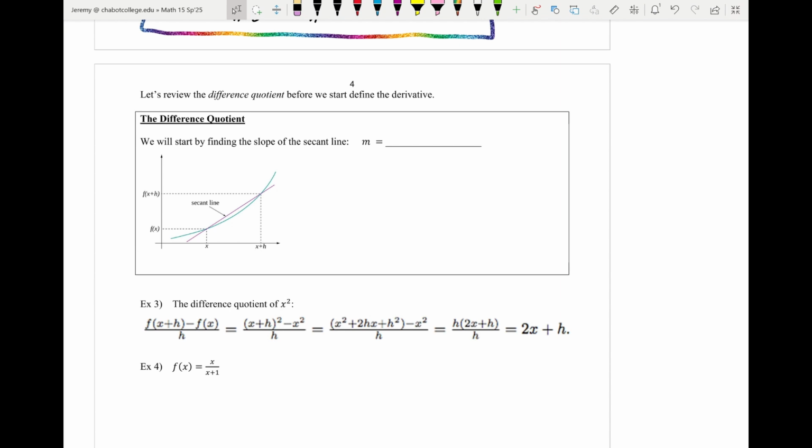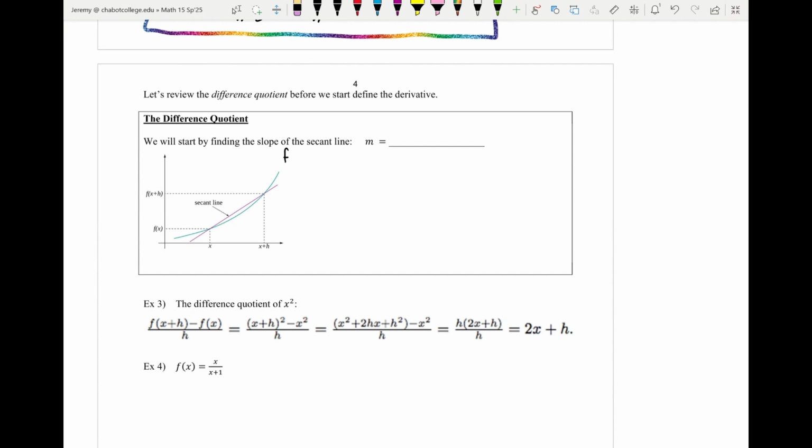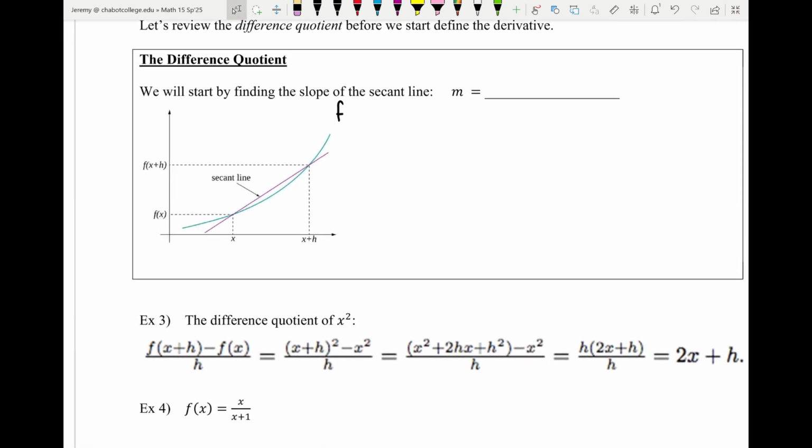So the difference quotient, we'll start by finding the slope of a secant line. Okay, so we're talking about some function f, that's like this kind of greenish line here. Like we were just discussing, we have secant lines, which are just a straight line through any 2 points on the graph. So to find the slope of a secant line, and we're just sort of labeling on the x-axis, let's say this first point is just x, and the second point is just x plus h.